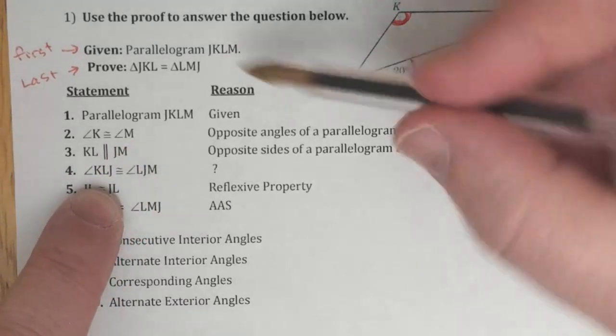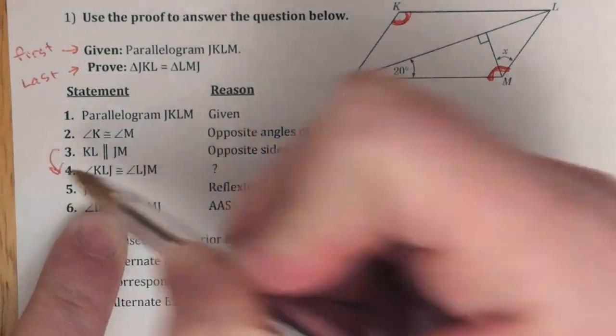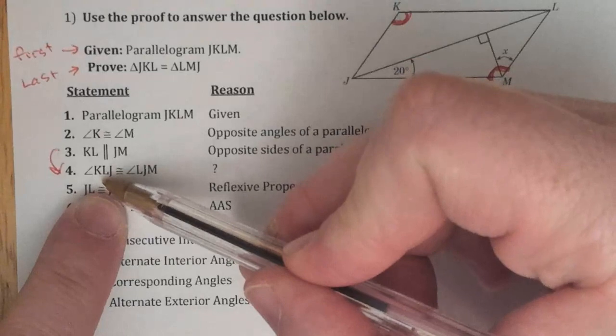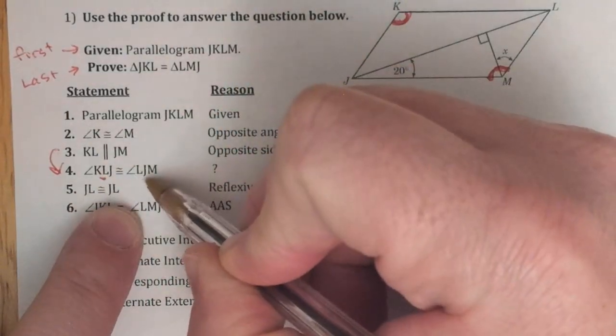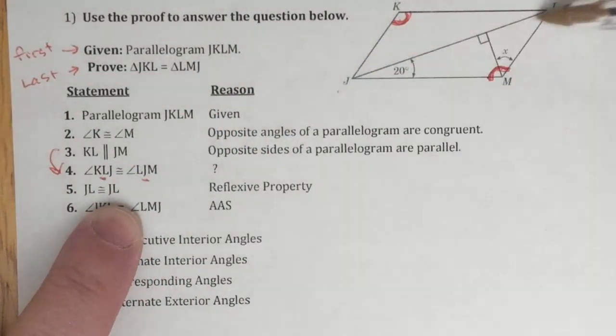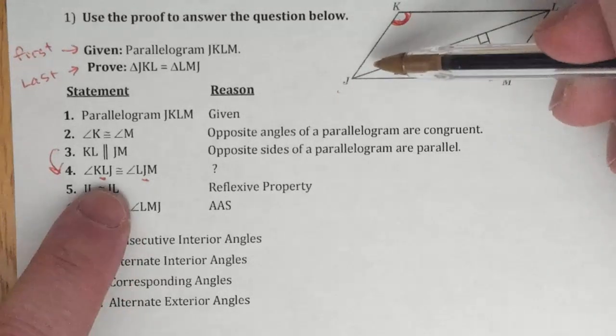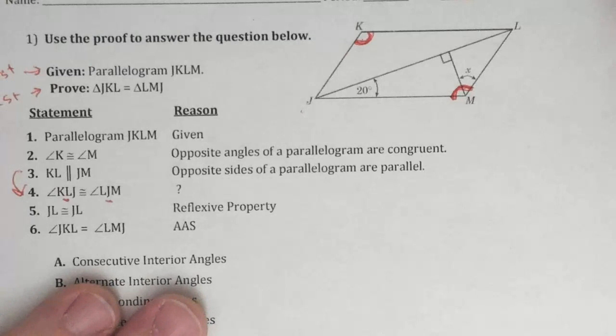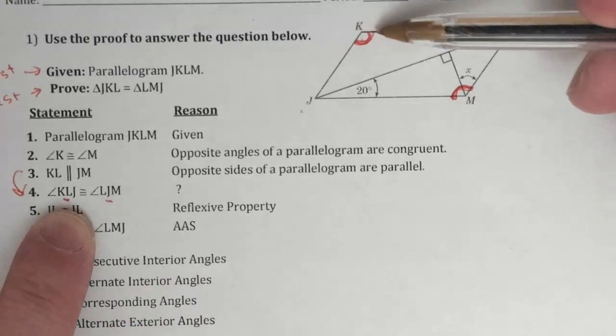Then they say, so when they say it's parallel, that feeds right into the next idea. So they say angle KLJ, where the center letter is L, is equal to angle LJM. So these two angles are equal, but I need to figure out for L, is it the top or is it the bottom? They said KLJ.